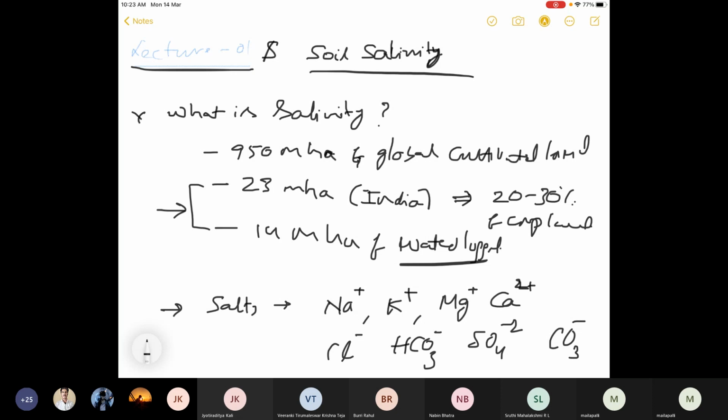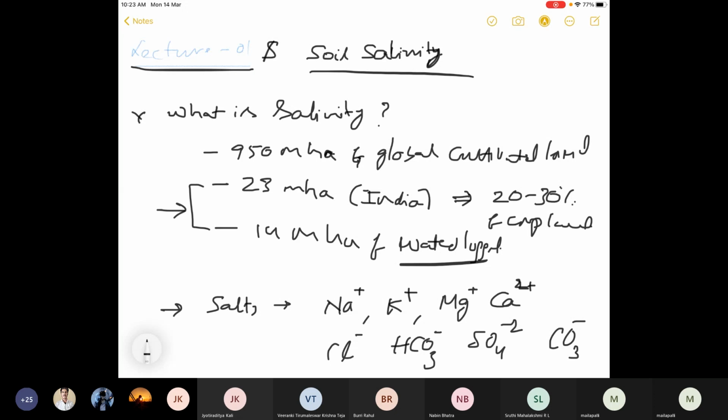That means the soil contains plant nutrients, nitrogen, phosphorus and potassium, but in addition there are some salts: sodium, magnesium, calcium, and chlorides, both anions and cations. These constituents should be within some limit.